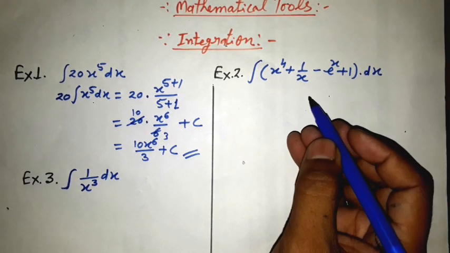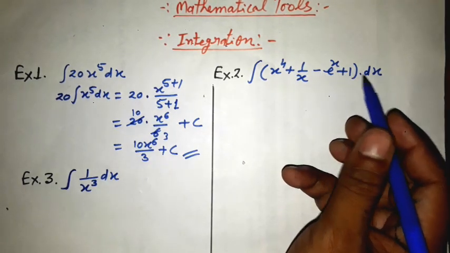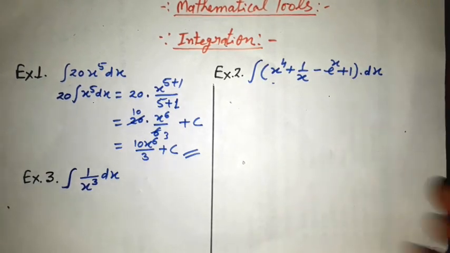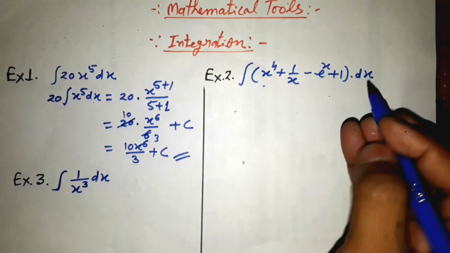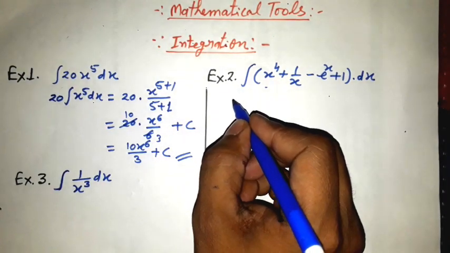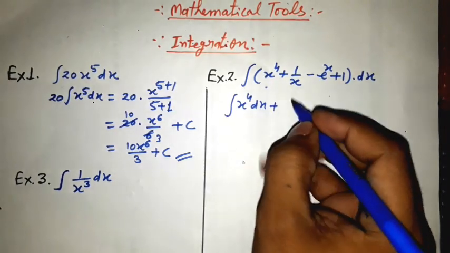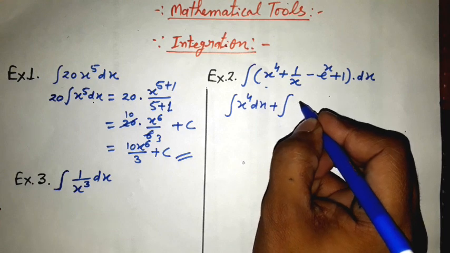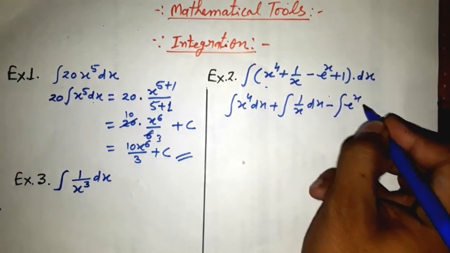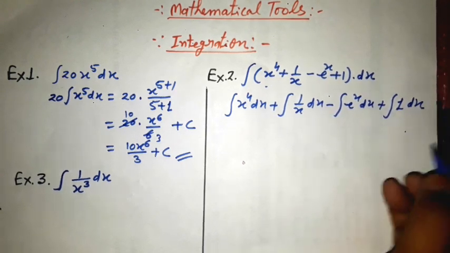Now the next example is x to the power 4 plus 1 upon x minus e to the power x plus 1 dx. This term we have to integrate. Then we can write this as integration of x to the power 4 dx plus integration of 1 upon x dx minus integration of e to the power x dx plus integration of 1 dx.